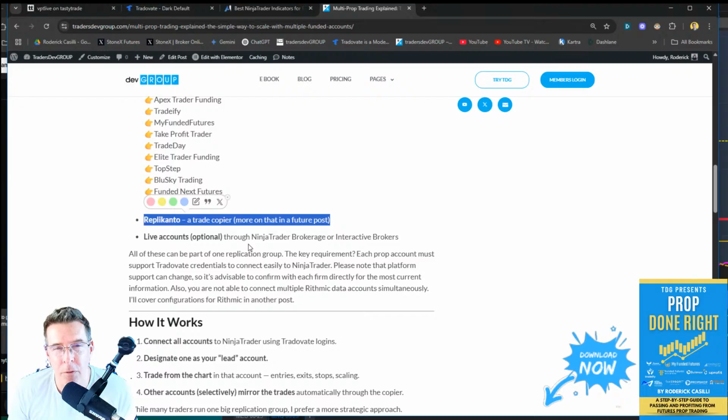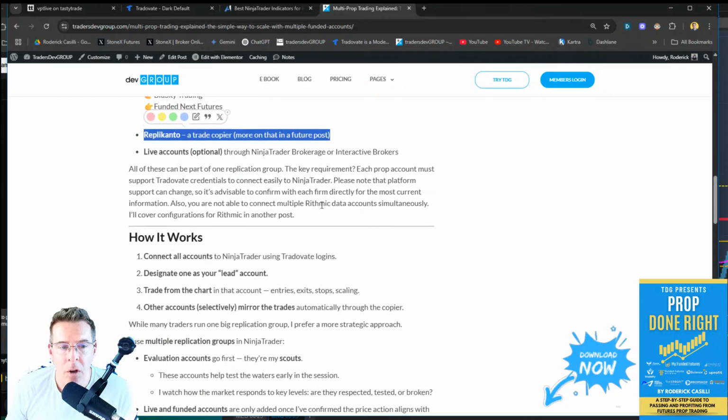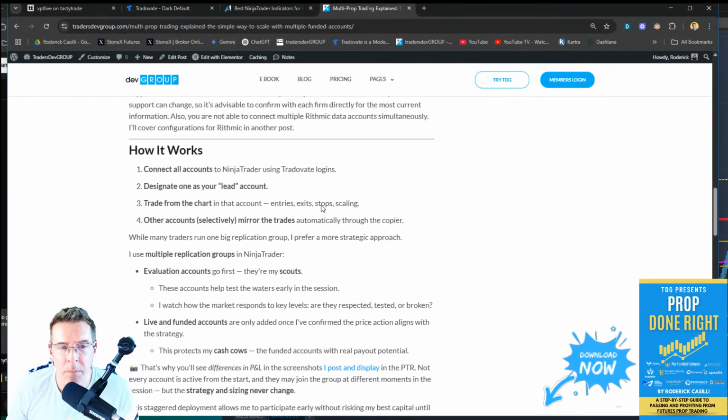There are other free versions of copiers, and there are other ways to copy. For instance, you can copy on something like Quant Tower, which does allow you to log into multiple instances of Rithmic. All right?